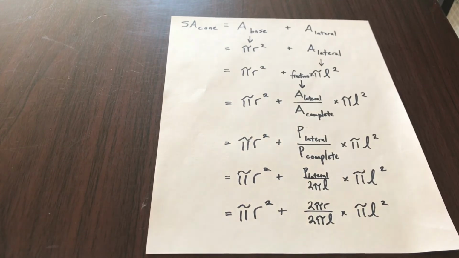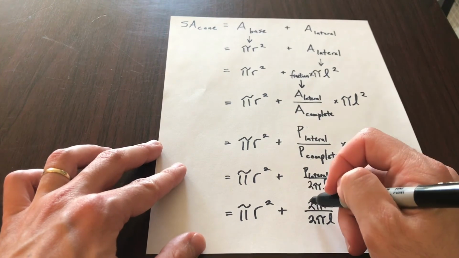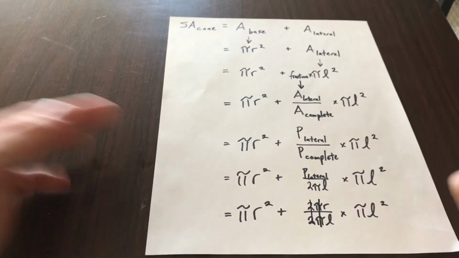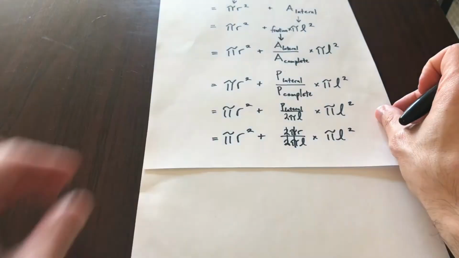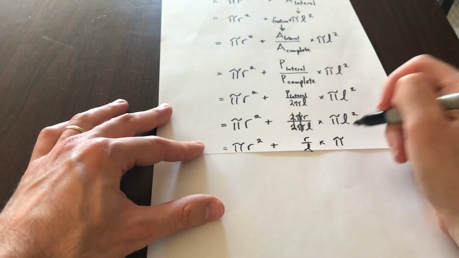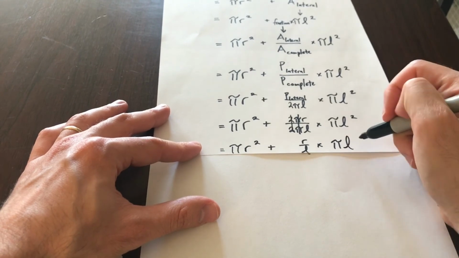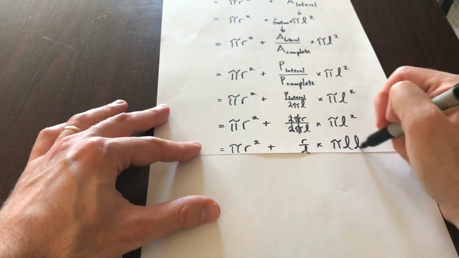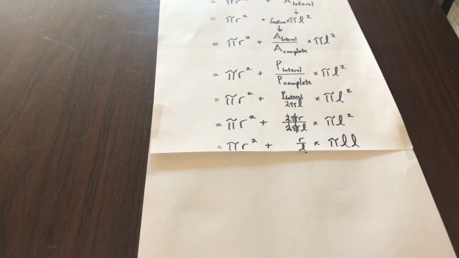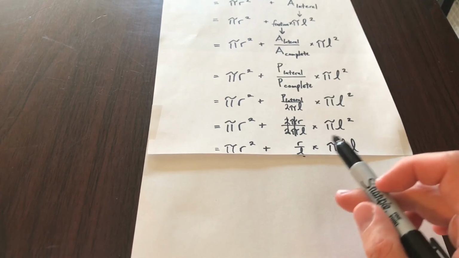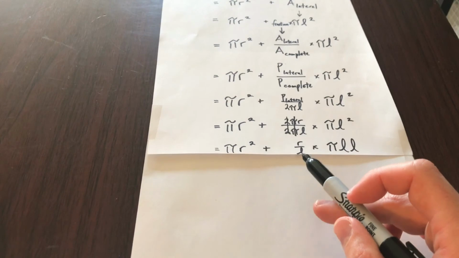The 2's and the pi's cancel out, and we can rewrite L squared as L times L. One of these L's cancels with this L in the denominator.